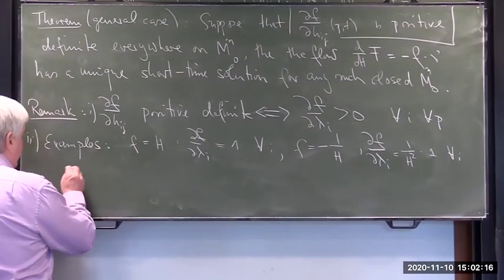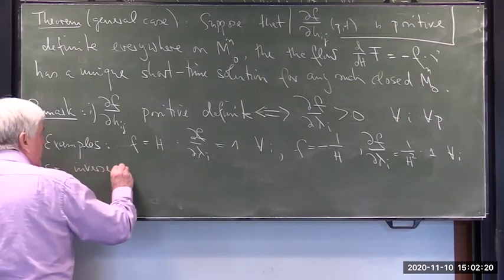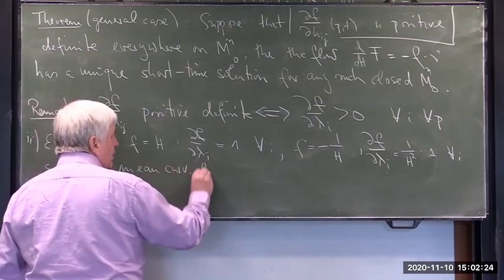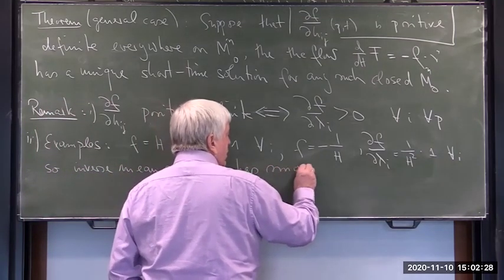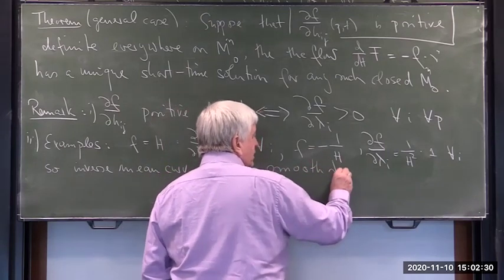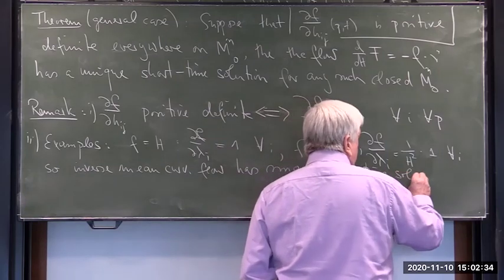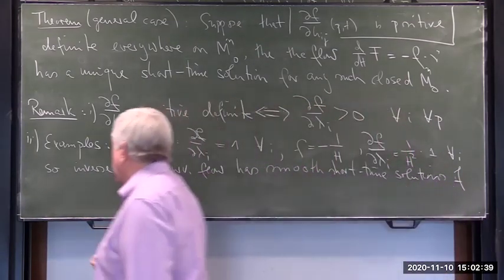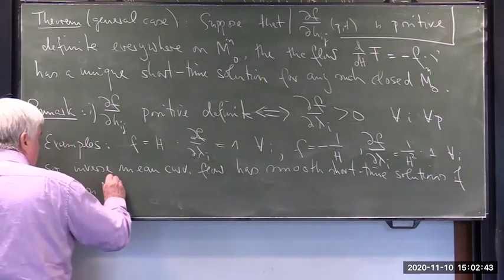So, for example, inverse mean curvature flow has smooth short time solutions if H is strictly positive on the initial surface.